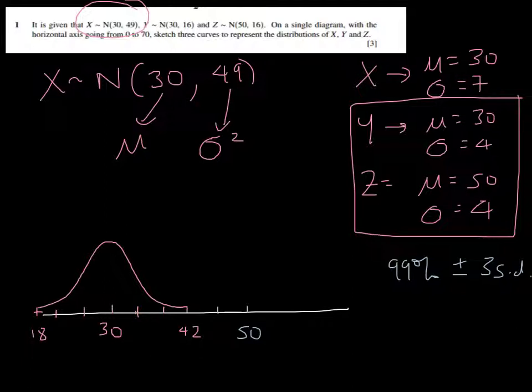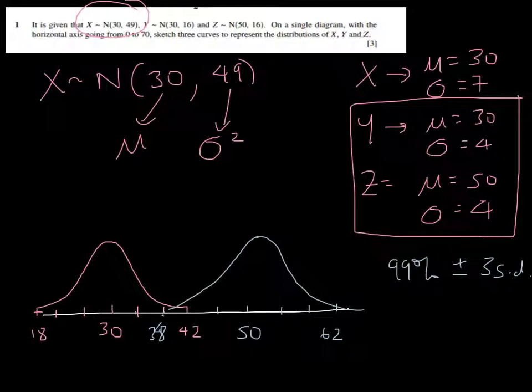So it's standard deviation of 4. So then that should go down to about there, which is about 38, and then up there to about 62. Cool. So if I try drawing that, it's going to have the same height as that one there. Okay, so those are my 2 distributions there for Y and for Z.